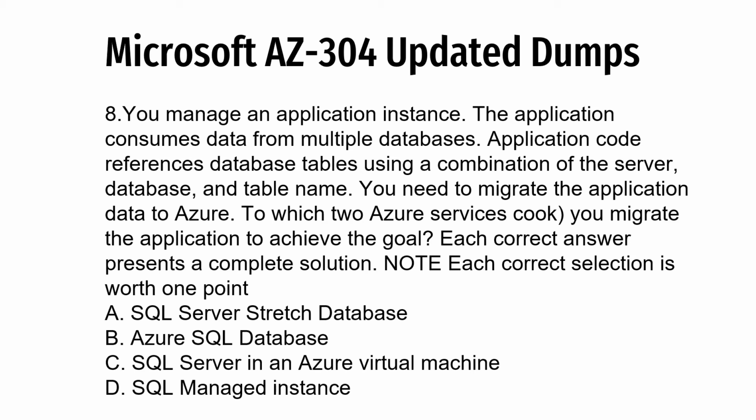Each correct answer presents a complete solution. Note: each correct selection is worth 1 point. A. SQL Server Stretch Database. B. Azure SQL Database. C. SQL Server in an Azure Virtual Machine. D. SQL Managed Instance.